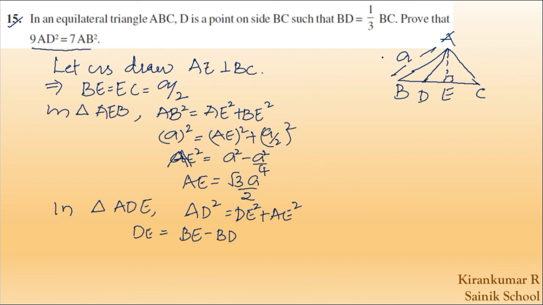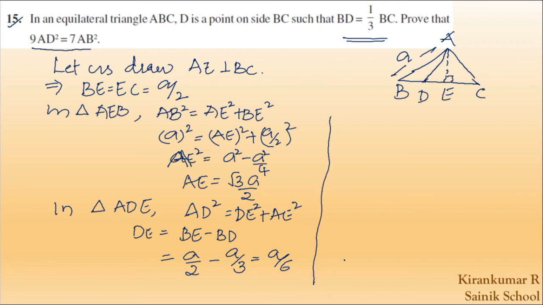They have given that BD is 1/3 of BC. So 1/3 of BC is nothing but A by 3, and the length of BE is A by 2. A by 2 minus A by 3. If you simplify, we get A by 6.